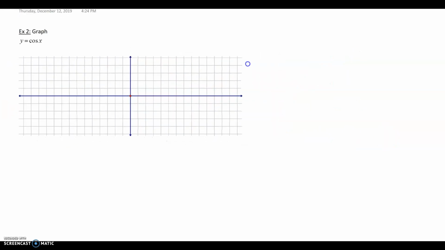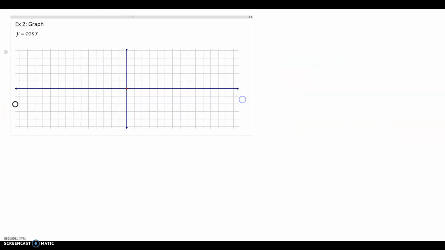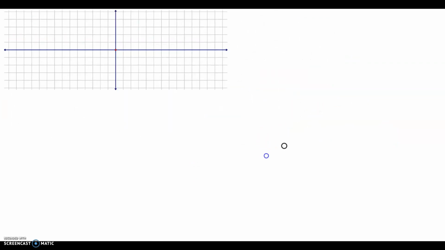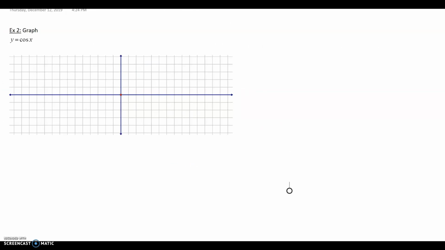So for this one, it's just cosine. Cosine starts, oh my goodness, at the maximum. And then we're going to go through the same list. So axis, not adding anything, so it's at y equals 0. The amplitude is 1.